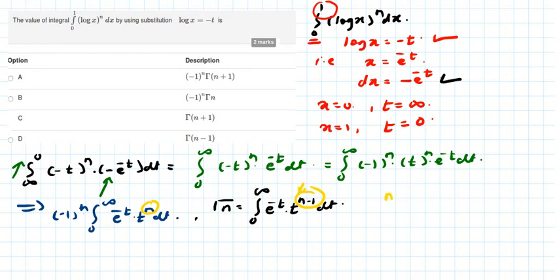So n minus 1 is n, meaning this n is n plus 1. Replace n by n plus 1. So this is equal to minus 1 raised to n, and the value will be gamma n plus 1. So option A is the right answer.